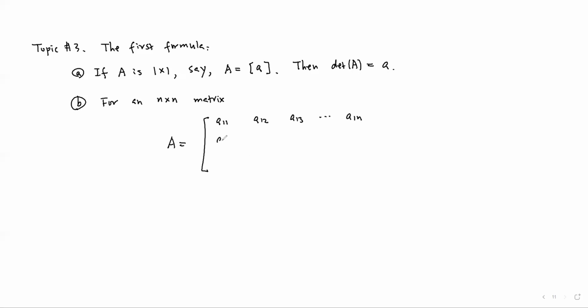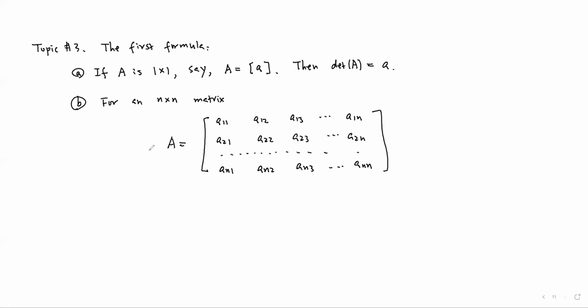Second row: A21, A22, A23, 2n, and so on. The last row: An1, An2, An3, Ann. An n by n square matrix.